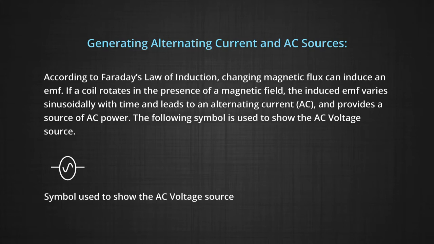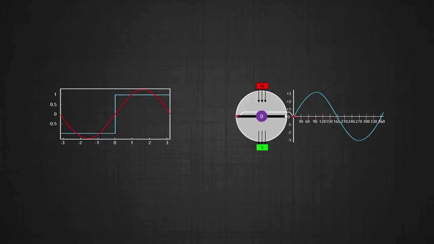Here the symbol is used for an AC voltage source. At the same time, we can see this AC waveform. Look at this diagram: a magnetic field, and in between there is a rotating coil, and the wave is forming like that. That waveform shows how the angle is changing, and the wave looks like a sine wave.